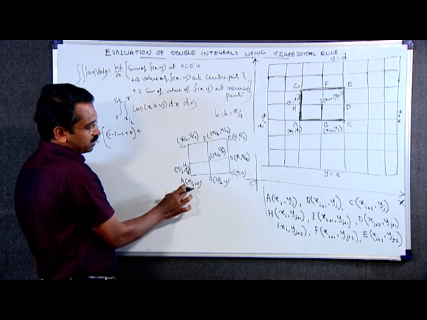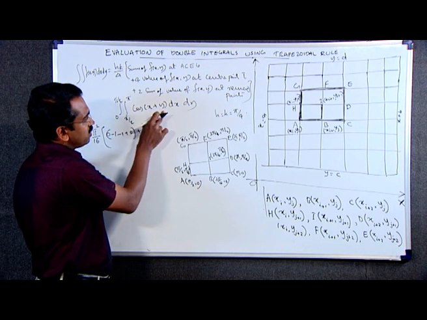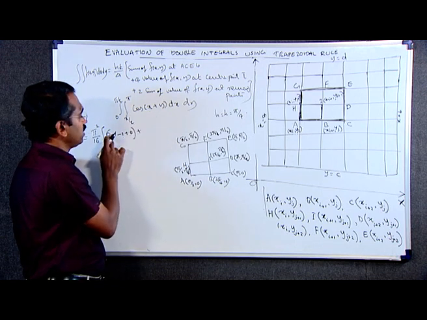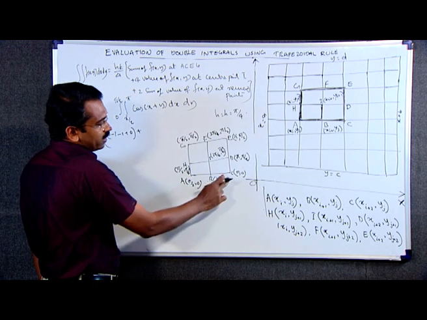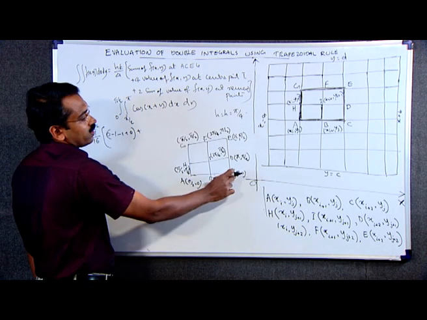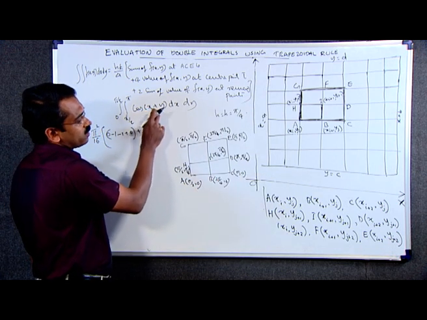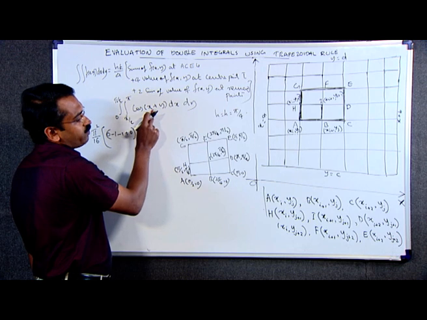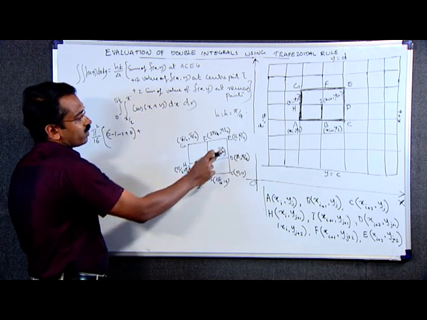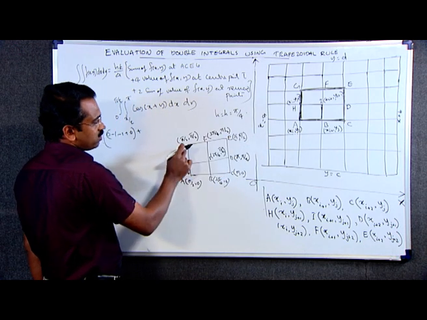Now, the corner points: pi by 2 comma 0. Cos(pi by 2 plus 0) is cos pi by 2, that is 0. Similarly, C is a corner point, the point pi comma 0, in which case cos(x plus y) is cos(pi plus 0), that is minus 1. Similarly, E is a corner point and G is also a corner point.